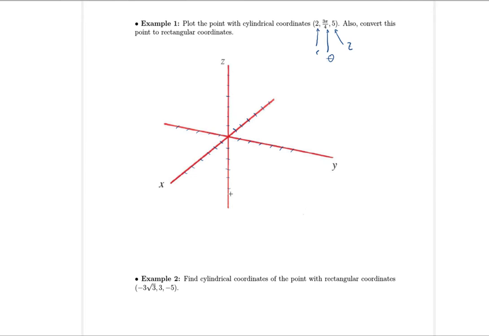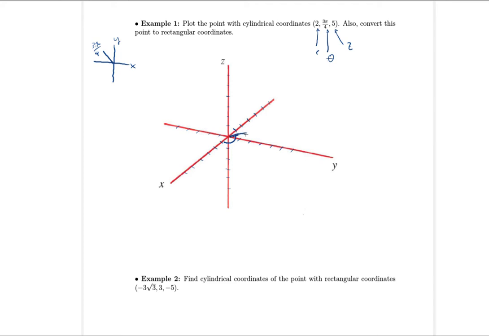All right, so first of all, we want to go an angle of 3 pi over 4. Well, remember that if we're just talking about the xy plane, 3 pi over 4 is over here. So it's in quadrant 2. So as I make 3 pi over 4, I'm going to go at this angle here so that I'm in this quadrant of the xy plane. And I've got an r value of 2, so that's going to take me out maybe right there.